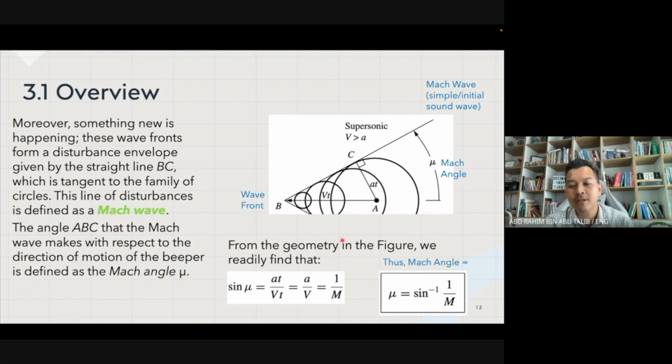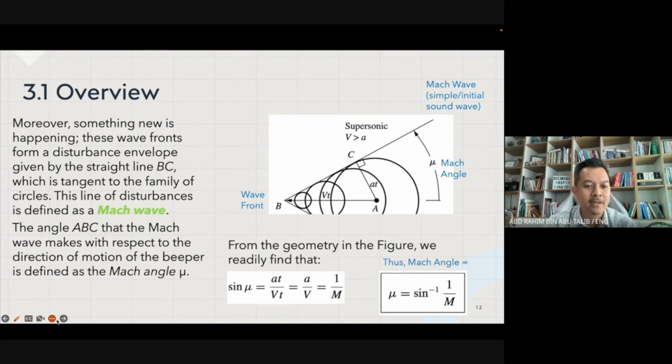From the geometry in this figure, we readily find that sine of mu equals the speed of sound times the time taken divided by the velocity times the time taken, which is equal to a over V, which is also equal to 1 over the Mach number. So the Mach angle mu is basically the sine to the power -1 of 1 over Mach number.